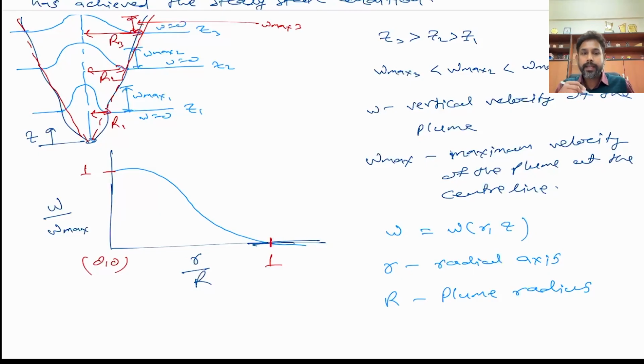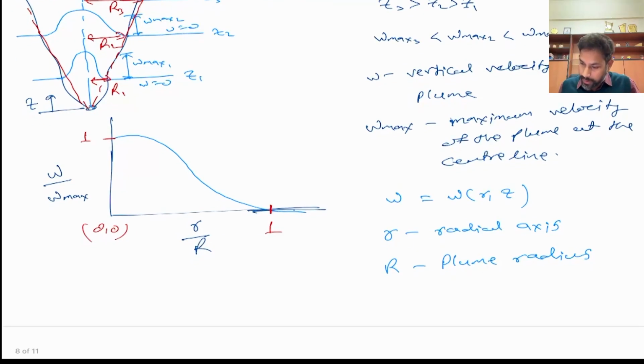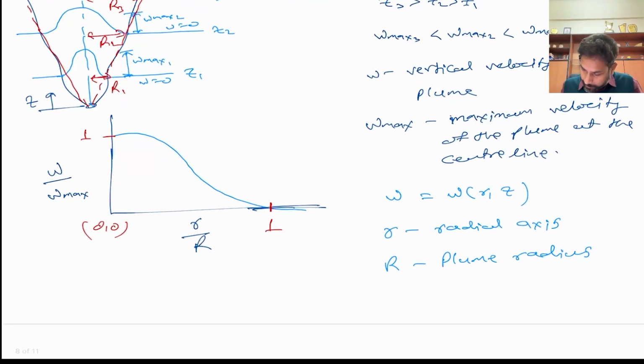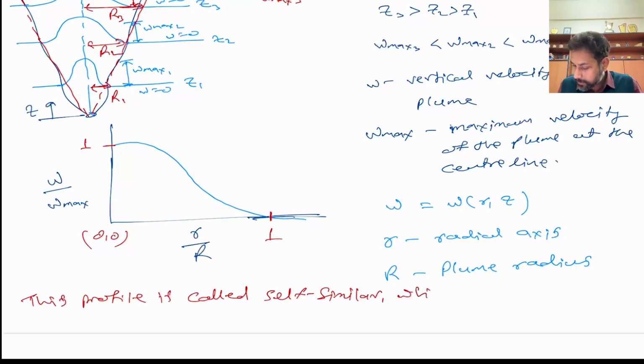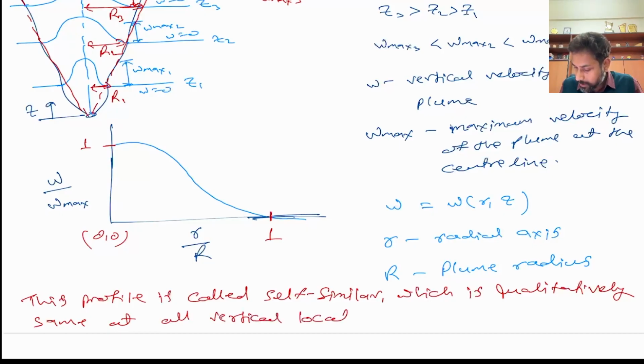Okay, so what we get here is a similar profile, a same profile at different locations, and that is why this profile is called self similar, which is qualitatively same at all vertical locations.